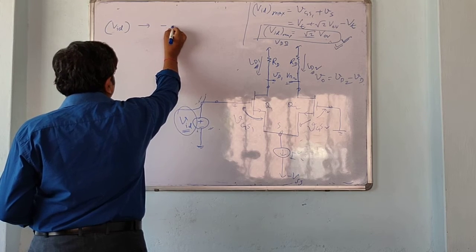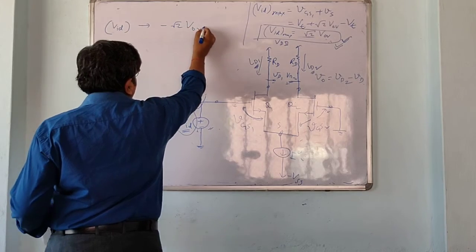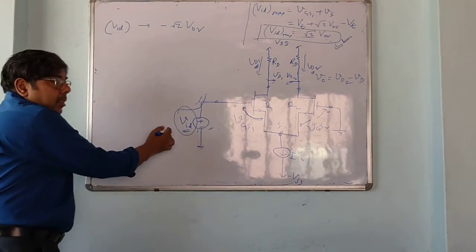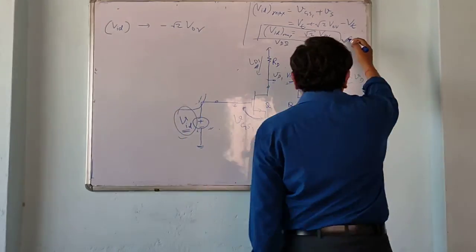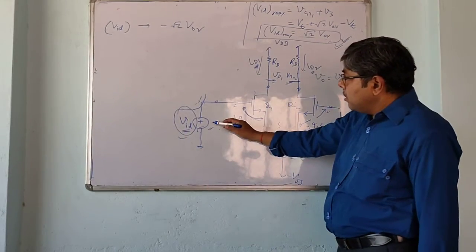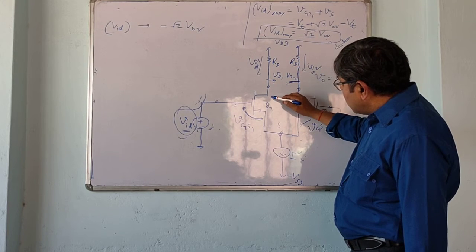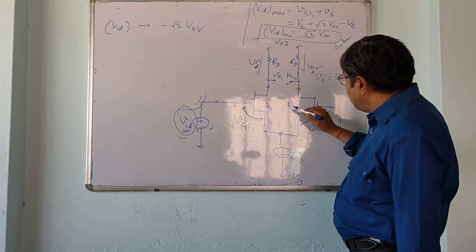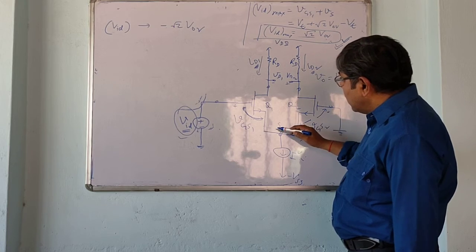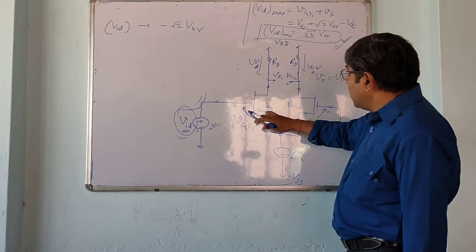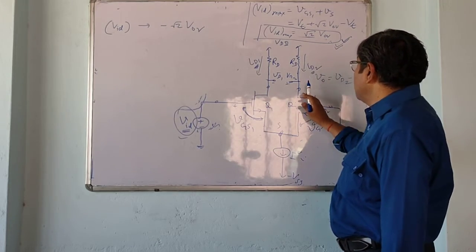So in the opposite direction, when this becomes negative, current through this transistor reduces and current through this transistor increases. As we increase this value in the negative direction, the whole of the current will flow through this Q2.